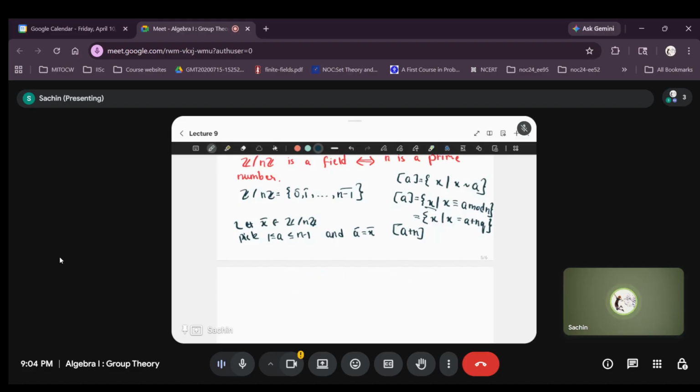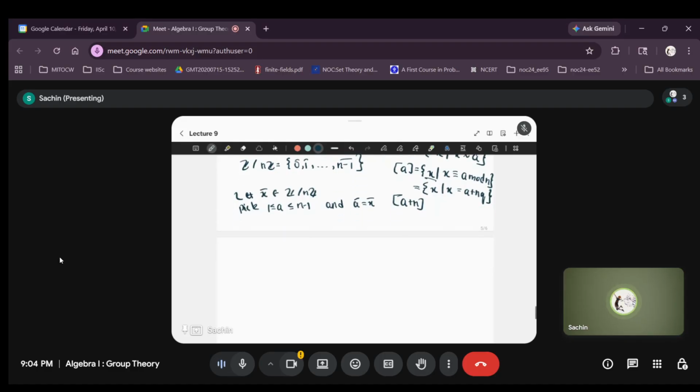So once you pick a greater than or equal to 1 and less than or equal to n minus 1, now what do you have? You have a is some number less than n, right?